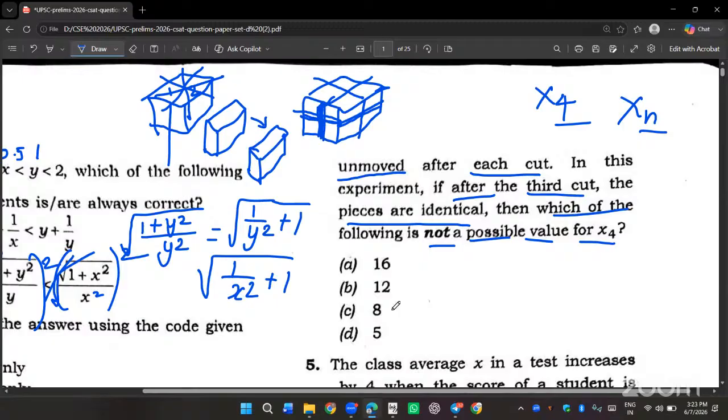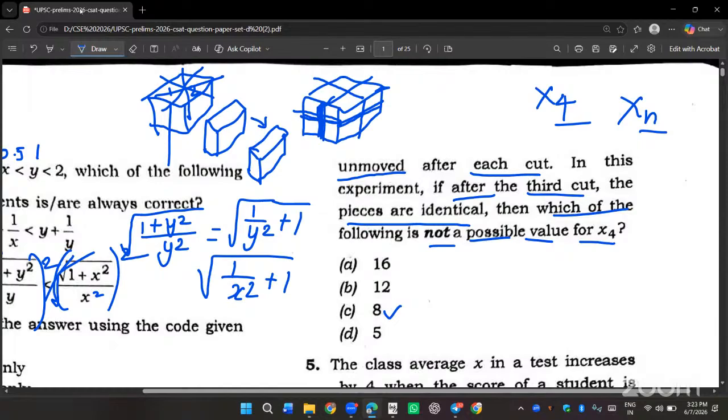Okay, that is possible. Even before the fourth cut, we can get eight identical pieces. At the same time, when I do the fourth cut, what will happen to this? How many identical pieces will be created?